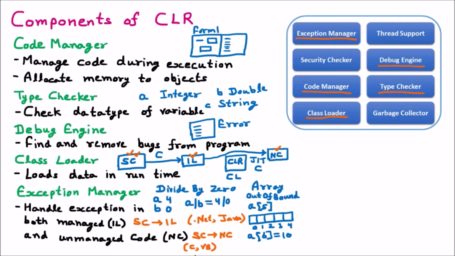Now we are learning the next component of CLR, that is thread support. Thread support means there are some threads that it is supporting. Many times we have heard of multi-programming, multi-threading. Now we should understand that. Let's say we are having different windows open.